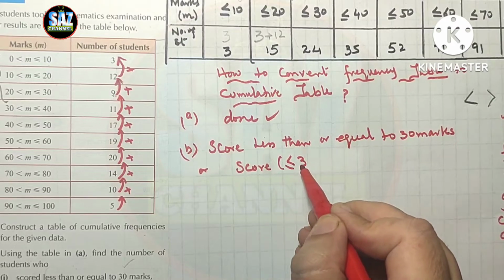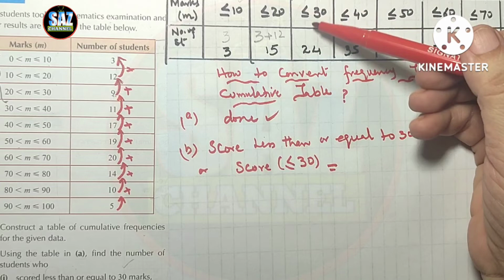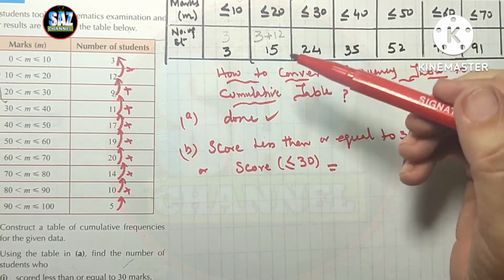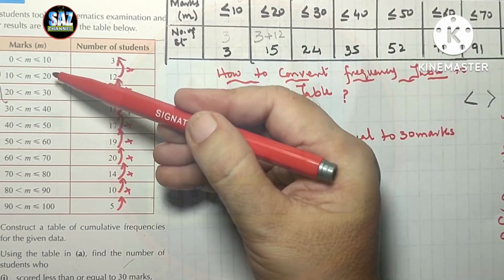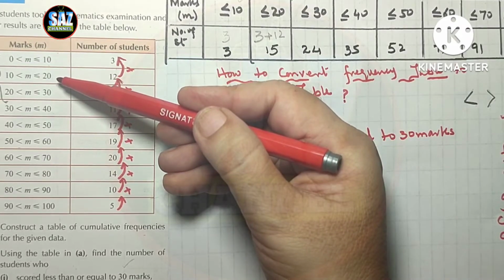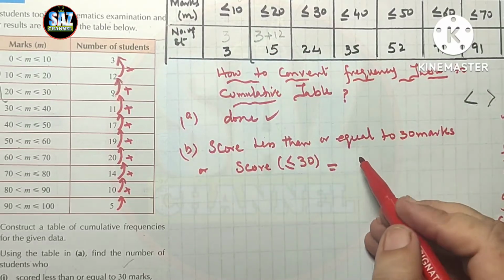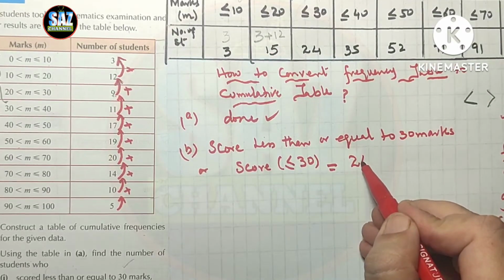Either I can check the cumulative frequency table, which is 24, or I can see that here the score is 10, here the score is maximum reaching at 20 and 30, so I can add up all these frequencies. So the answer for this is 24.